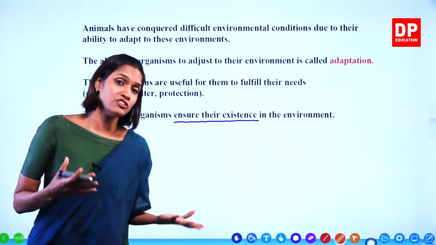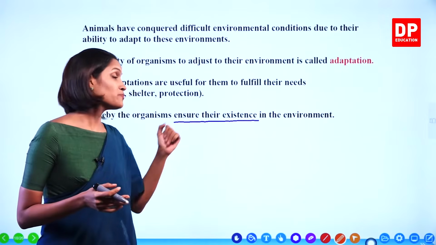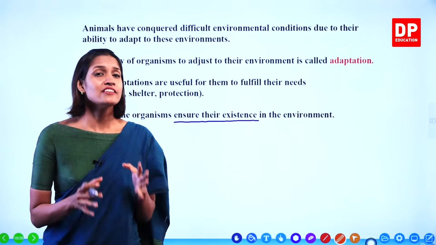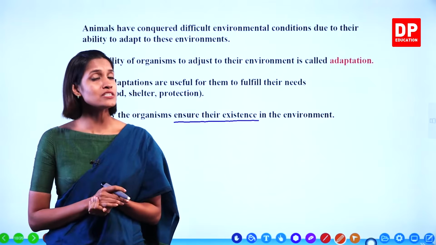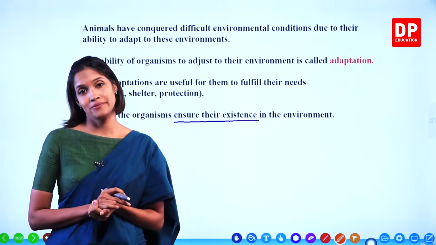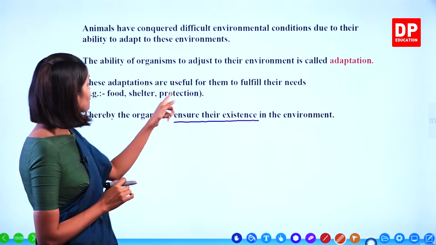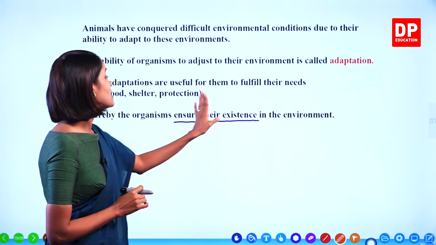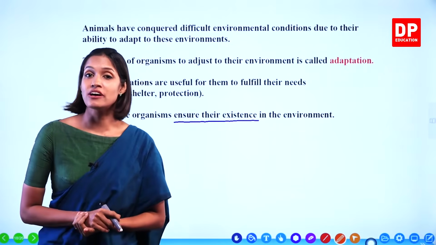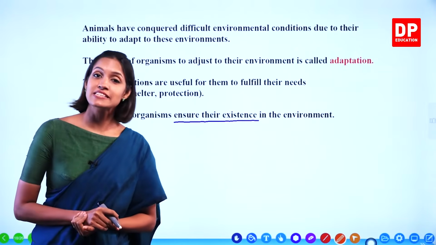What if they did not have these type of adaptations? Right? These type of special characteristics. Can they survive in the environment? No. They cannot survive in the environment for a long period of time. Okay, children. Therefore, these type of adaptations ensure their existence in the environment. Okay, children. I hope this part is clear now.